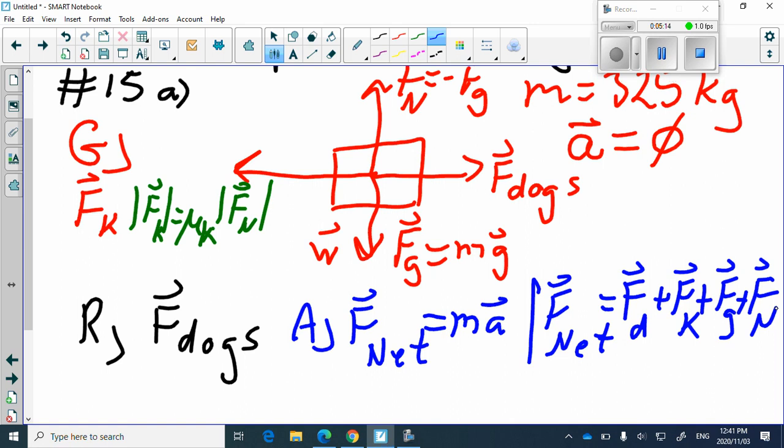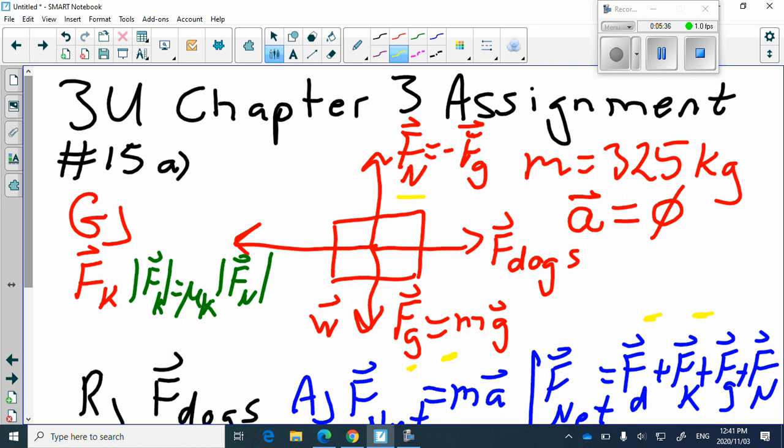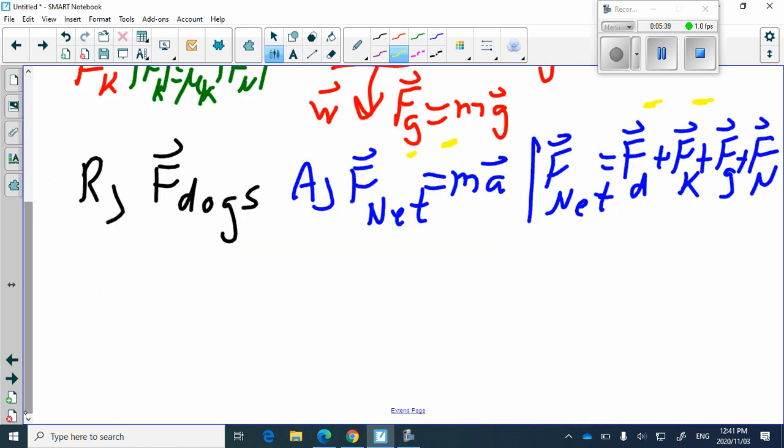These two equations always work together. In some questions, you start on this side and then you move over to the other side. Some questions, it's the opposite. You start here and move over to here. Depends on the question. But that's the way you start all of these questions. The one thing you really need to remember is, to begin with, look, normal force and the force of gravity are of equal magnitude, but opposite directions, so they cancel out.